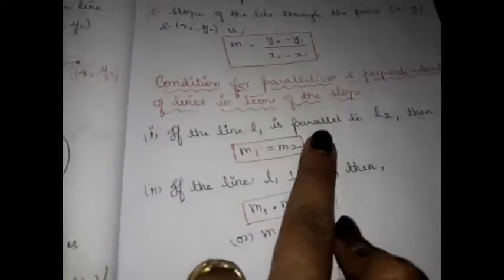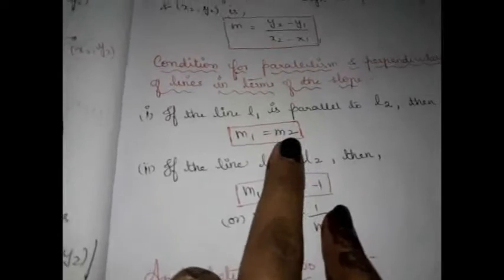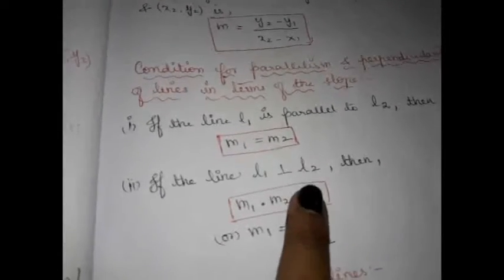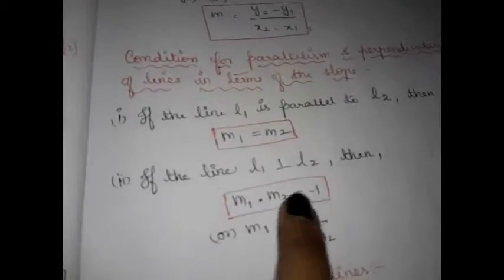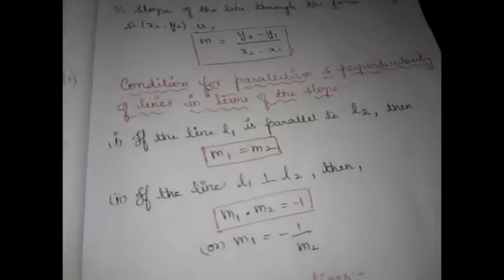So if two lines are parallel, then their slopes are equal. If the lines are perpendicular, then the product of their slopes is equal to minus 1. Now next, what we are going to see is how to find the angle between two lines when their slopes are known.